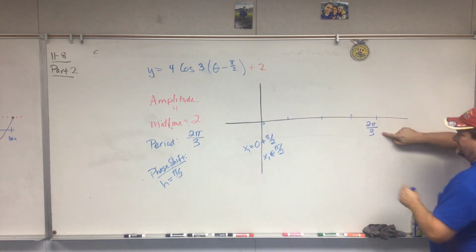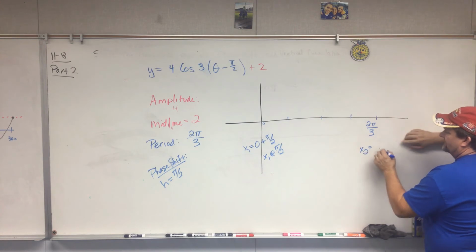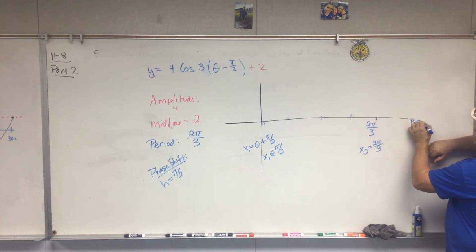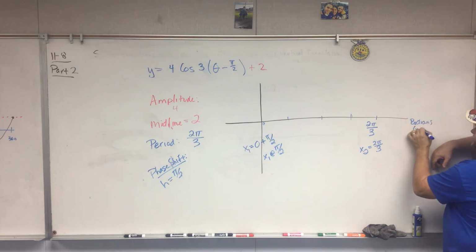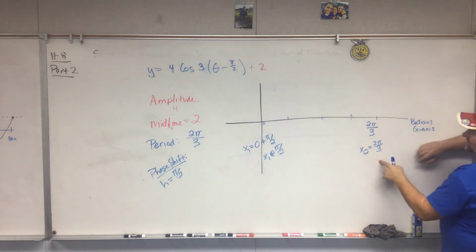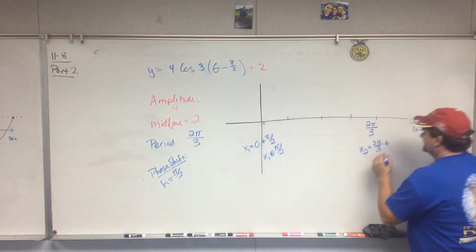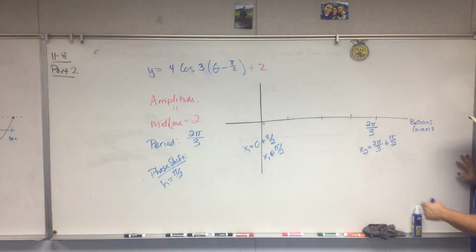My new x2 is 2 pi over 3. Remember, this is in radians. And the reason I call it x is because this is the x-axis. 2 pi over 3 plus the phase shift, pi over 2.